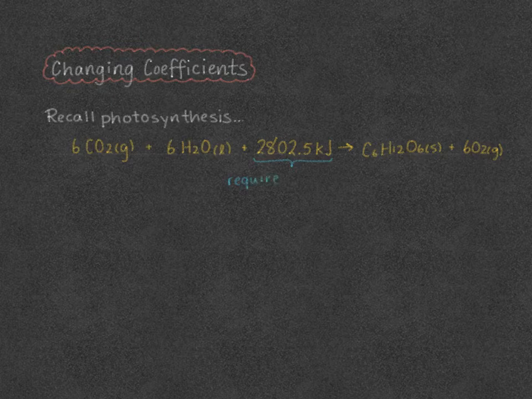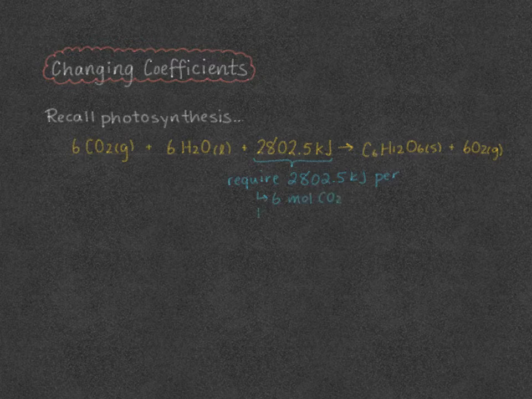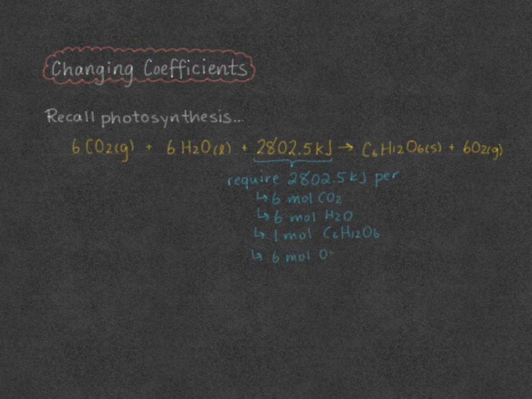So we require 2,802.5 kilojoules per 6 moles of CO2, per 6 moles of water, per 1 mole of glucose, and per 6 moles of oxygen. So what would happen if we were to produce 2 moles of glucose? So we can look at how much energy is required to produce 2 moles of glucose.